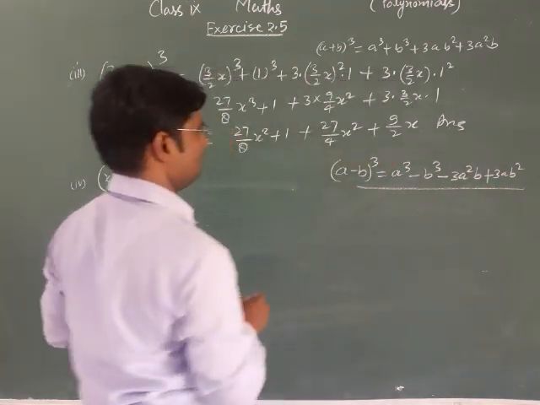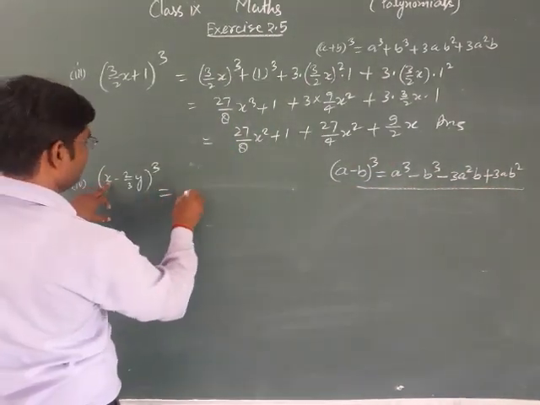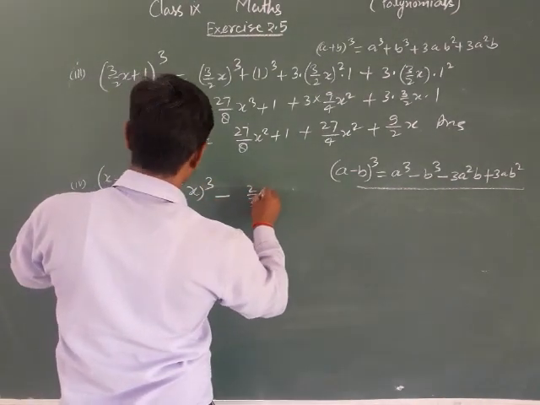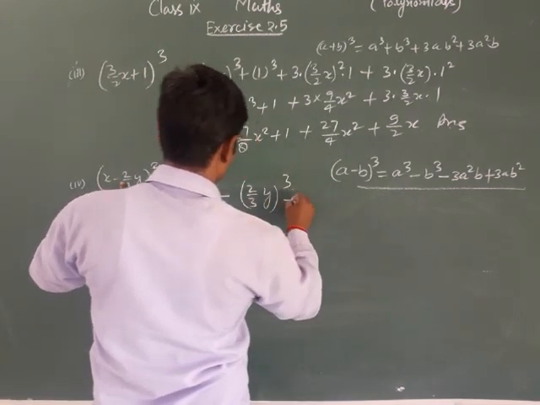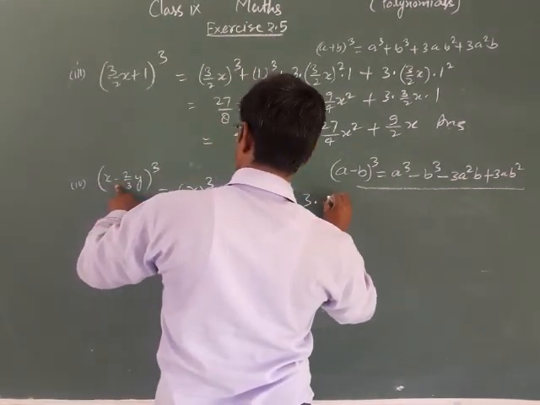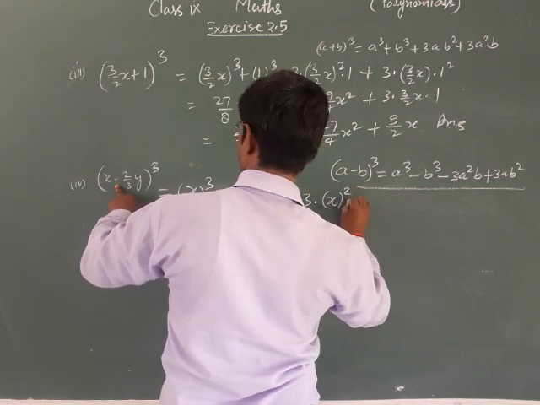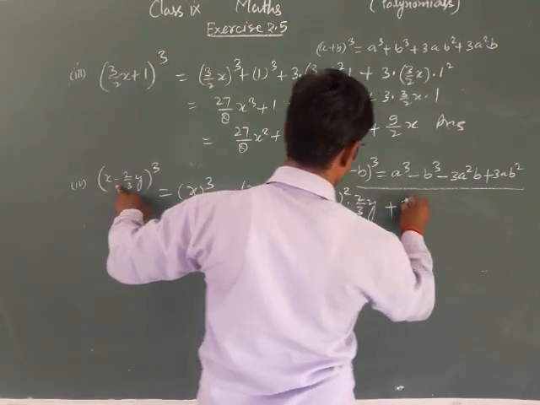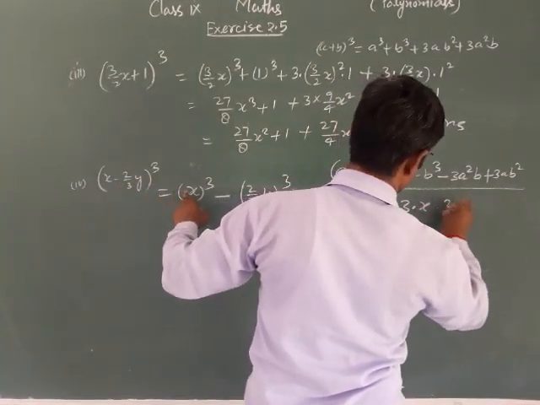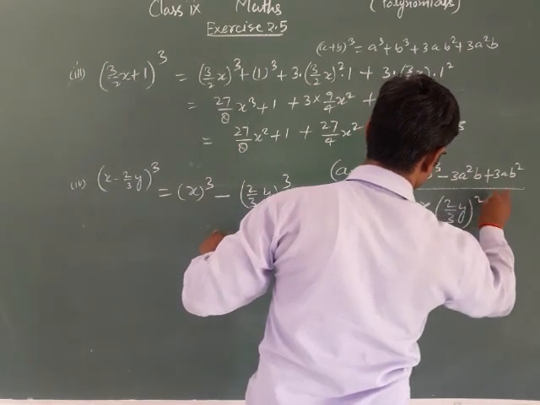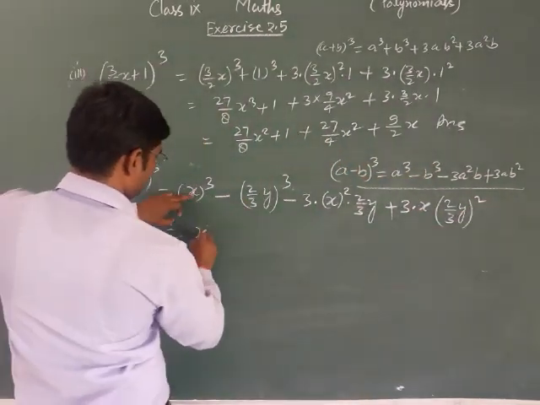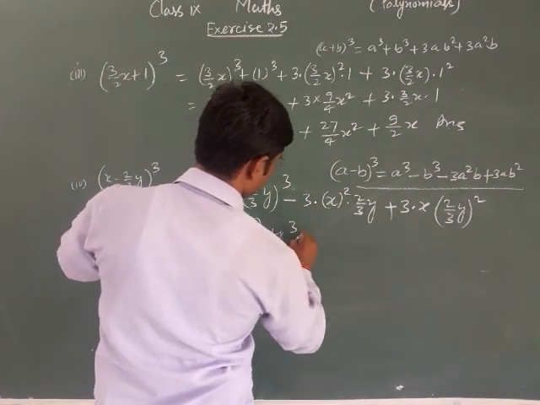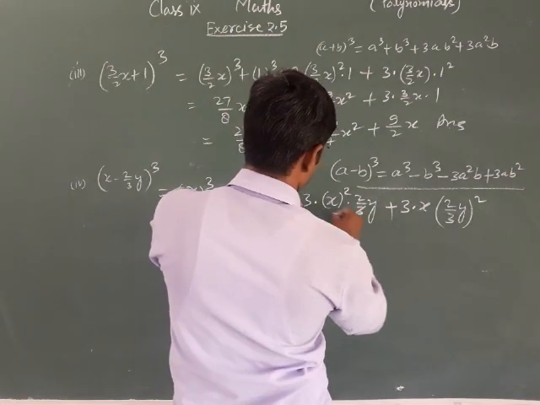So use this identity. Here we write x power 3 minus (2 by 3 y) power 3 minus 3 times x square into 2 by 3 y and plus 3 times x into (2 by 3 y) whole square. So we can write x cube minus 8 upon 27 y cube and 3 cancel out.